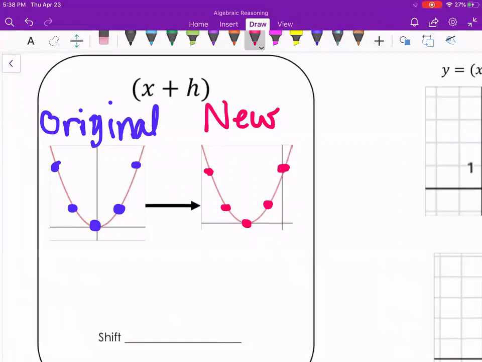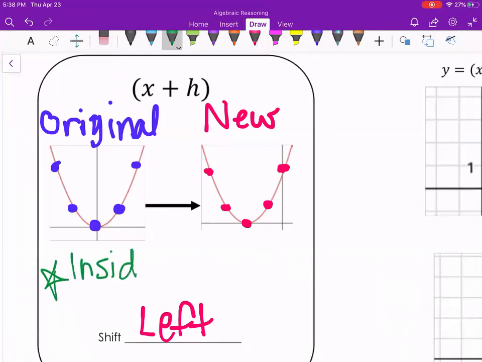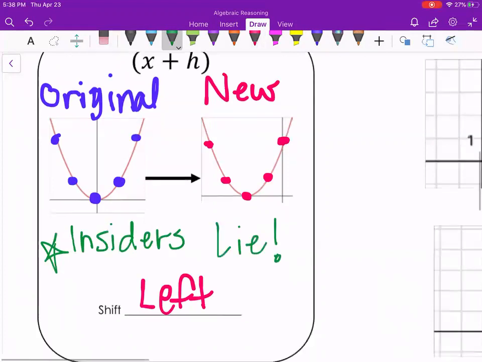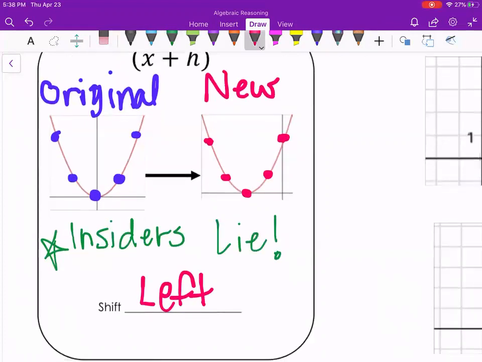This time, we've shifted to the left. Again, because an x plus is inside those parentheses and insiders lie, just like they did before. Insiders lie. So this time we shift to the left. And just like that plus is inside the parentheses, we move left.